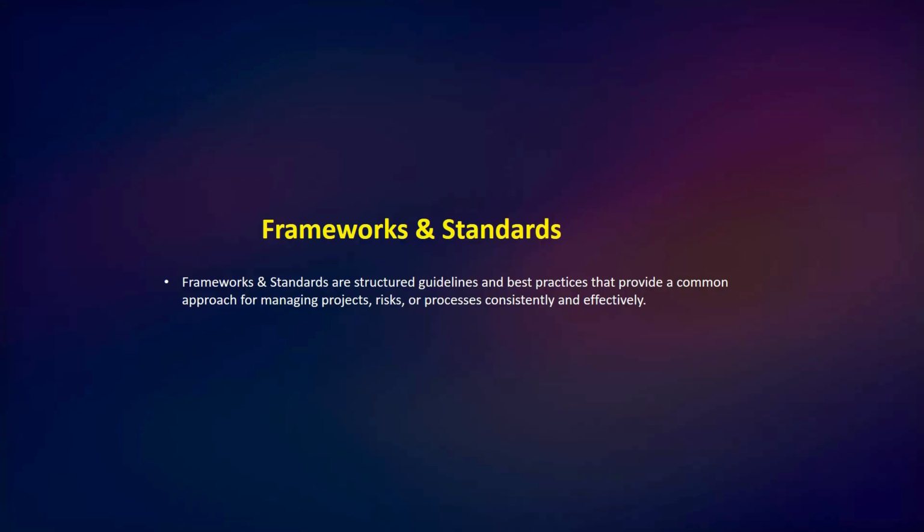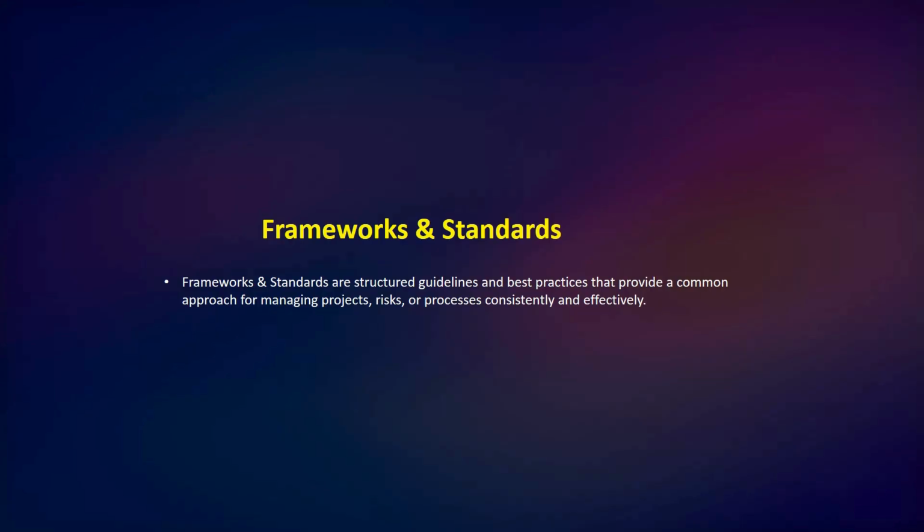Okay, so frameworks and standards are structured guidelines that help us manage project risk and process in a consistent and effective way. They provide a common approach that everyone can follow, making sure work is aligned, organized, and meets professional best practices.